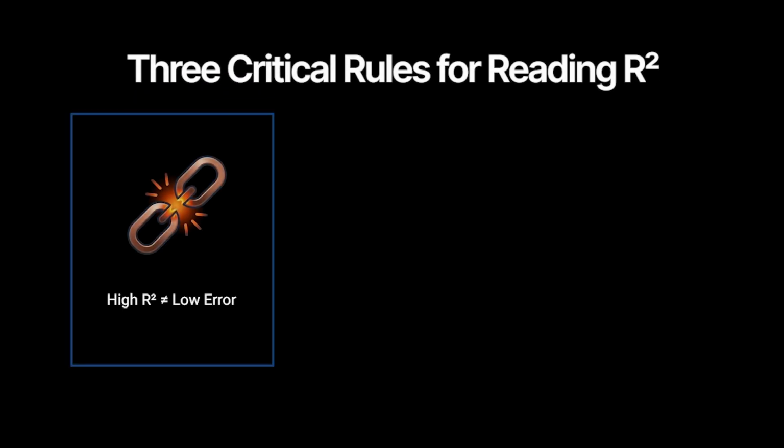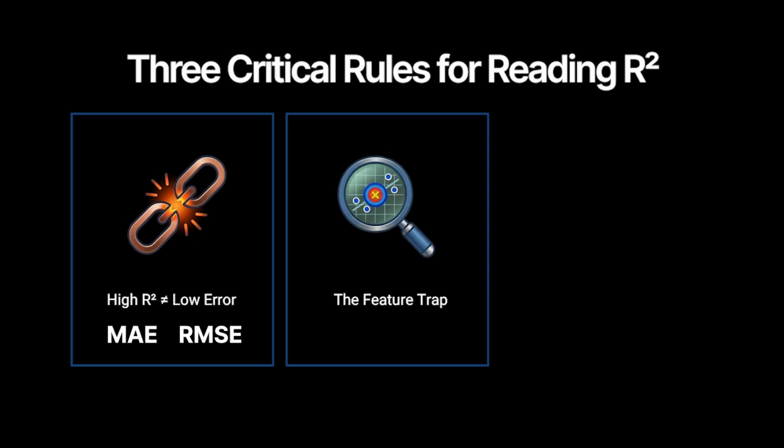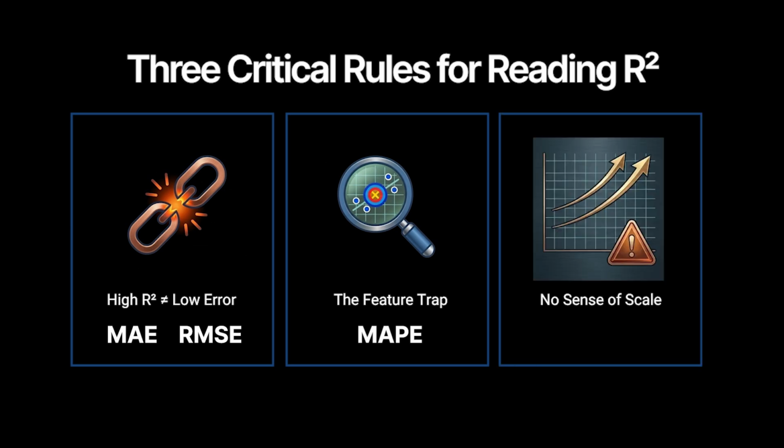If you care about magnitude, you're better off with mean absolute error or root mean squared error. If you care about error relative to the size of what you're predicting, then you can use MAPE. And use R squared if you care about how much of the variation in your data your model captures.